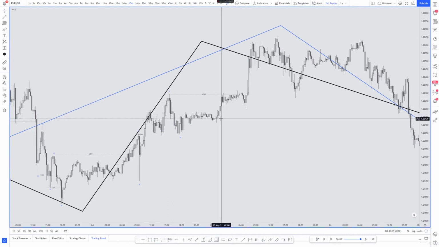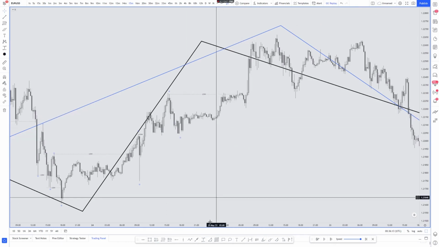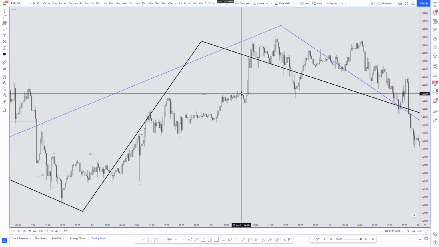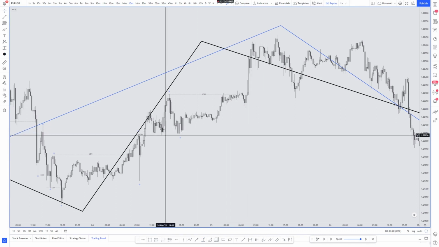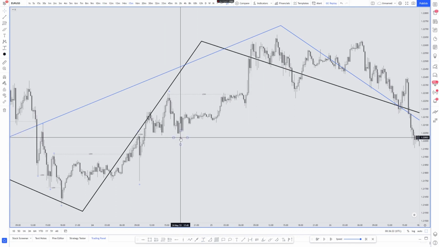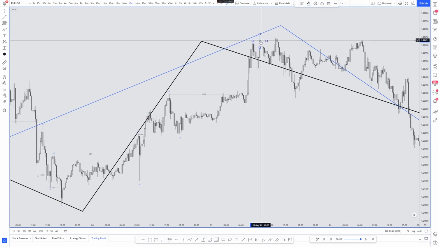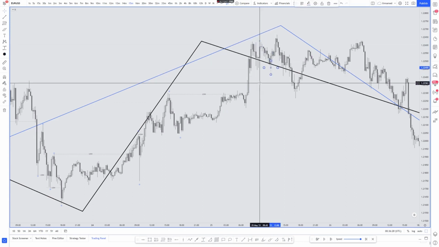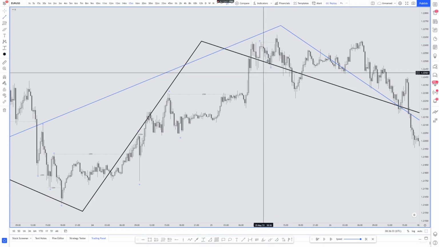There's really no reason to have any extra structure in that area. Now, speaking of this, again, not enough of a pullback, so we can basically call structure the end of this impulse. And you do have enough of a pullback here. It's probably roughly 15-20 pips.